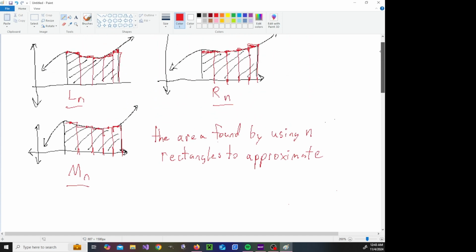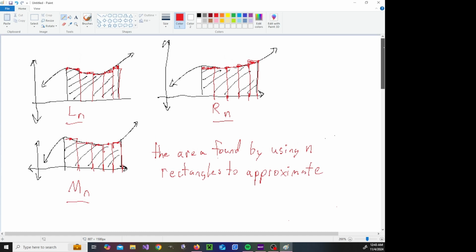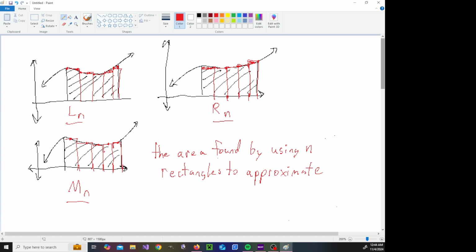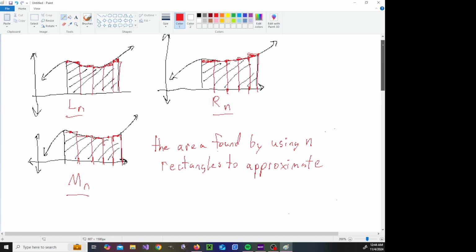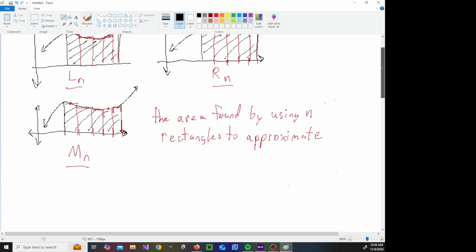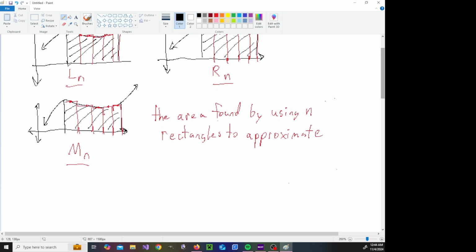Well, can we come up with some formula for my left, right, and middle, respectively? Not one for all of them, of course, but one for each. If I am looking at my left rectangle, and again, I'm going to call this A and this B, then one thing that is constant between all of these is the width of each rectangle.